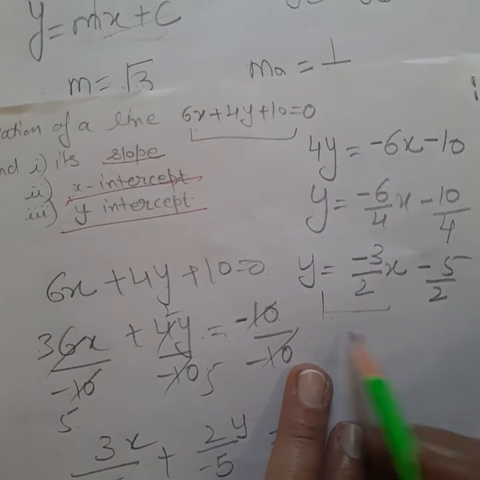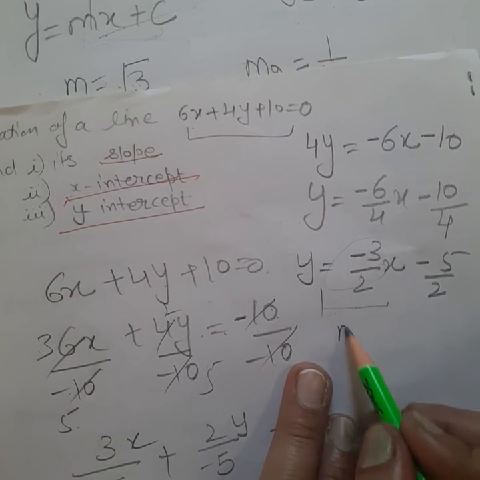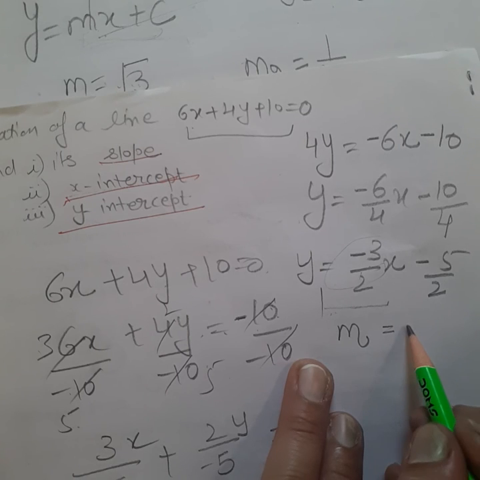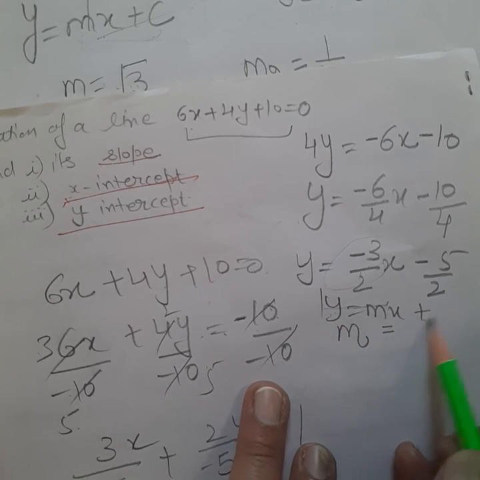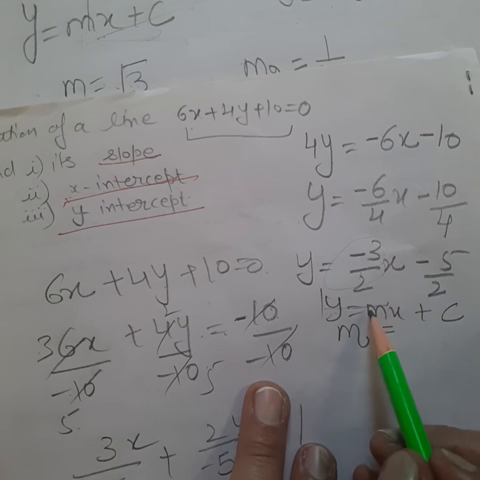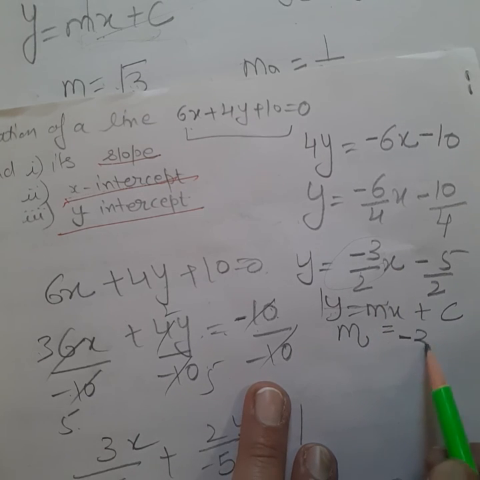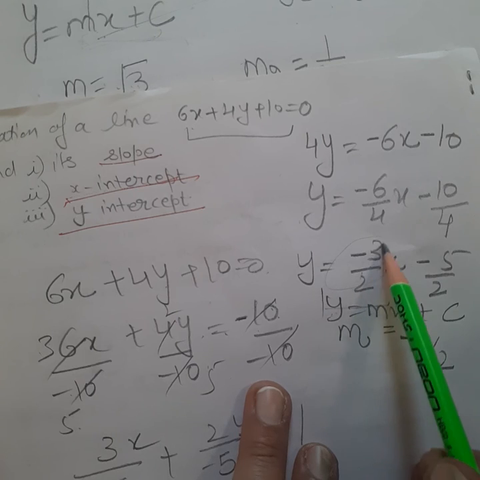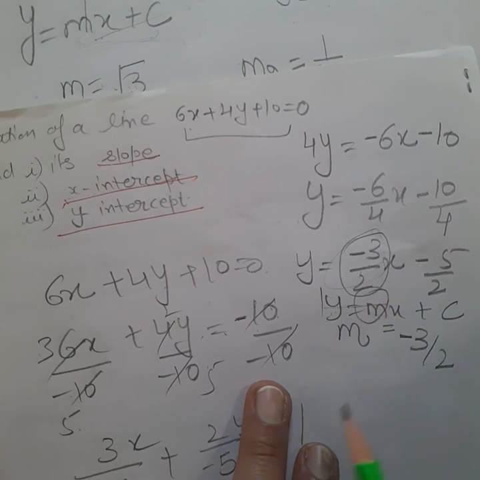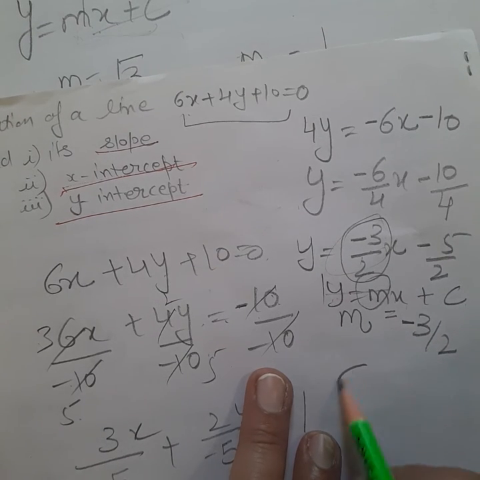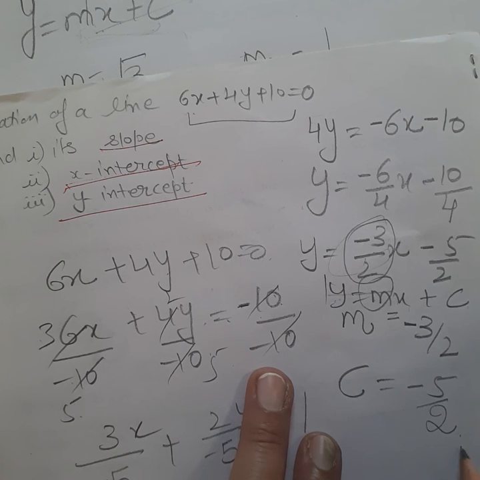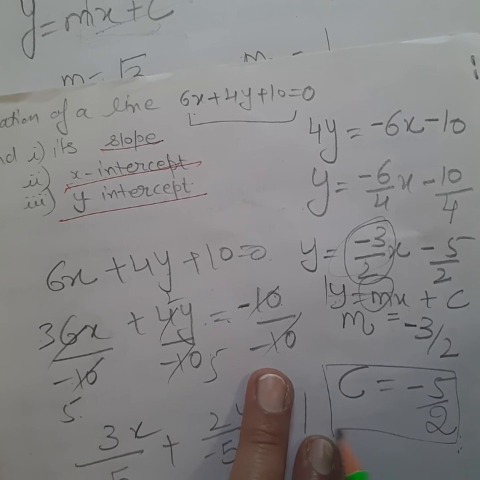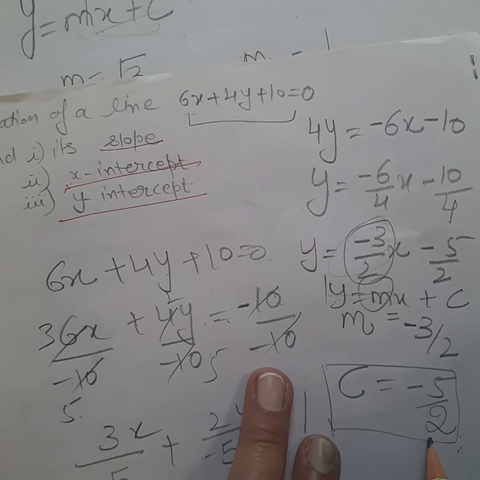And if we find the value of m, then we know that if we compare this with mx plus c, you get the value of m, that is equal to minus 3 by 2. When we compare the coefficient of x and the constant term, you get the value of c, that is equal to minus 5 by 2. In this way you get the intercept also, but you get only a single intercept.